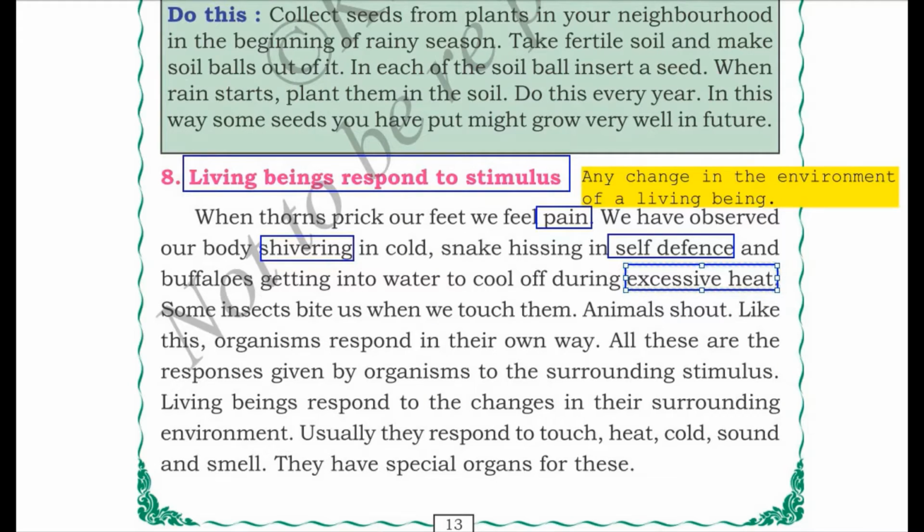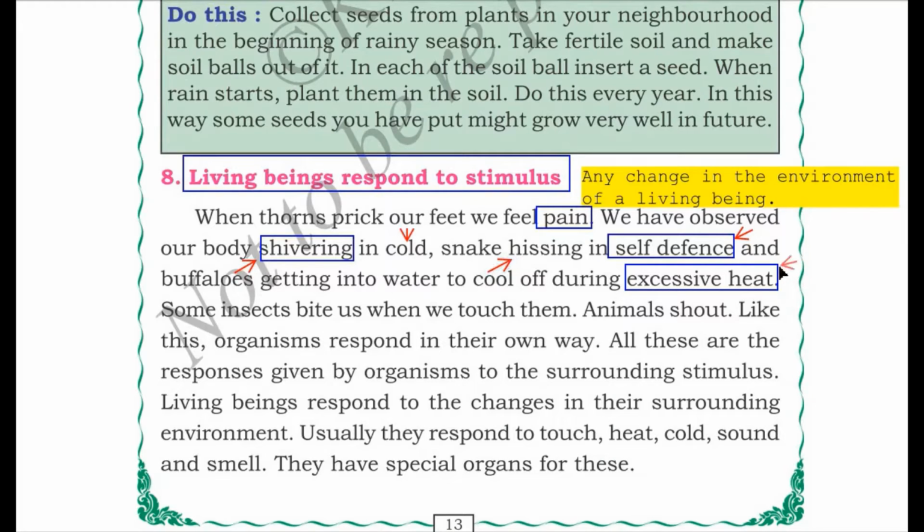So if you consider these examples, here we have, being cold outside is the stimulus and us shivering is our response. And some danger being posed to the snake, which requires self-defense, is the stimulus, and the snake hissing is the response.